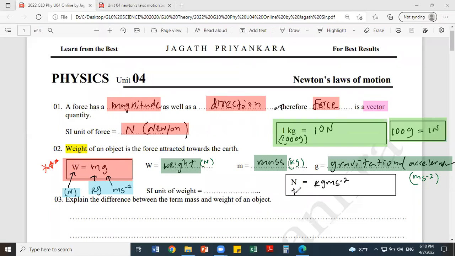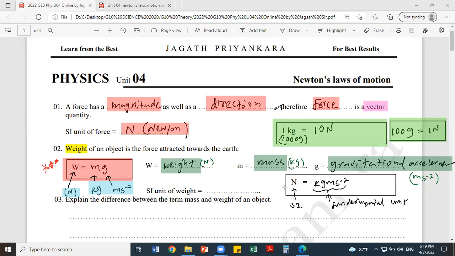So this is the SI unit of force. This is the fundamental unit. Therefore, Newton is also equal to kg m s^-2.